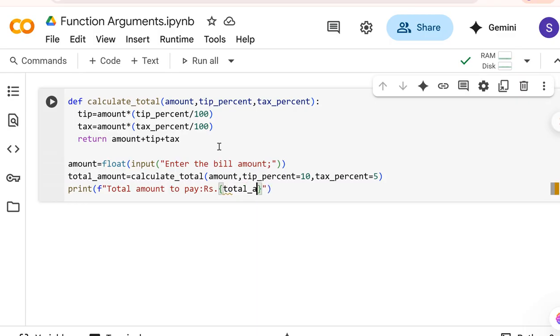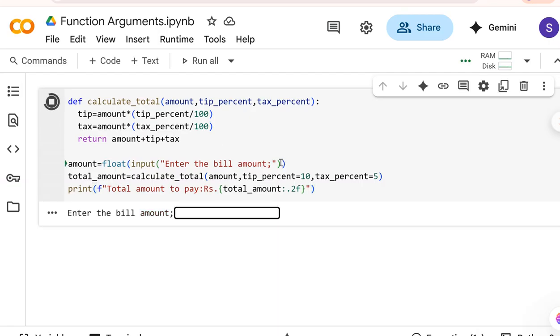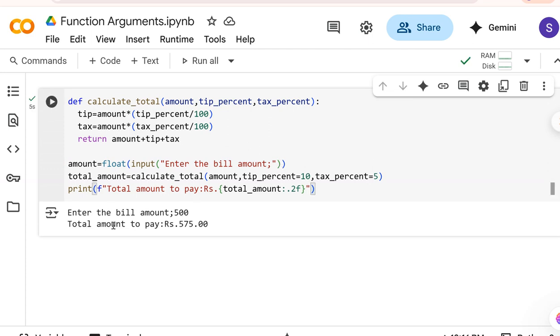So it should take the total amount, and I'm converting it to two decimal places of floating. Now I have to enter the amount. If I'm giving 500, it calculates the amount using the function we have defined, and it will give you the total amount to pay.